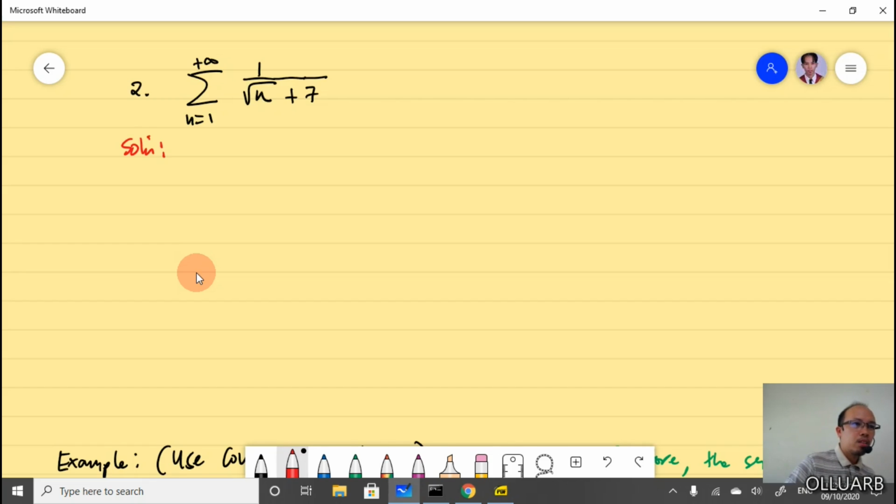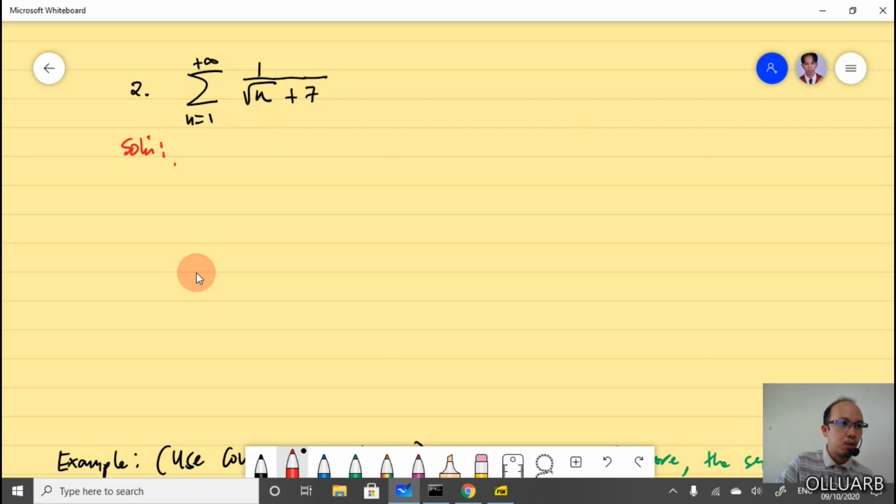Again, we will compare the series to a known series. Let's try to compare the series to a known series. This form is a p series, so we will exclude the term plus 7.